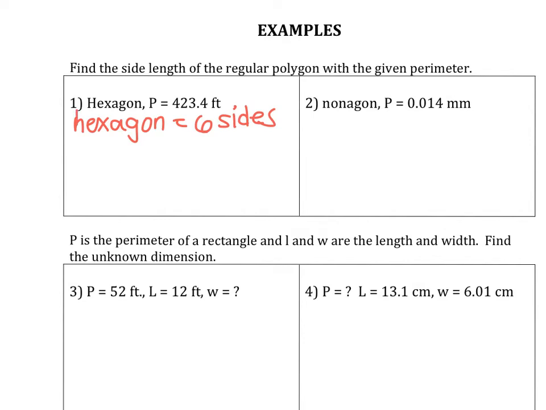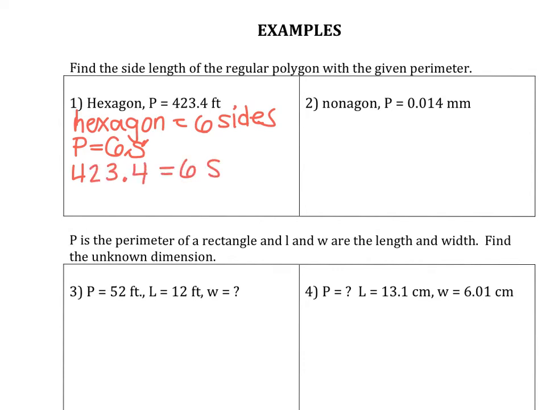And we know what the perimeter is, so we have our formula, which is going to be P equals 6 for the 6 sides, times S, because we don't know what our side length is. That's what we're trying to find, is our side length. But our perimeter it gave us was 423.4 feet.